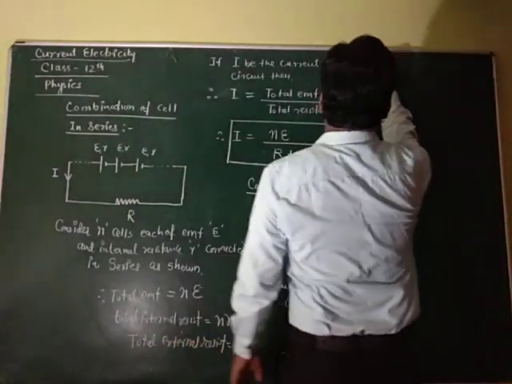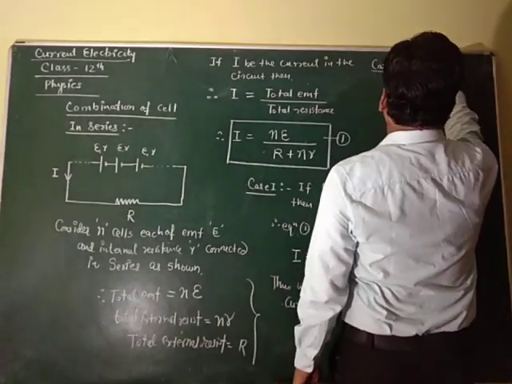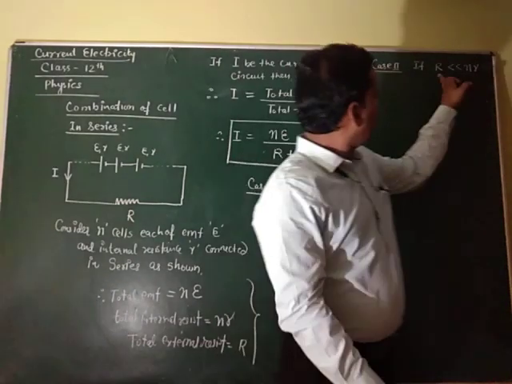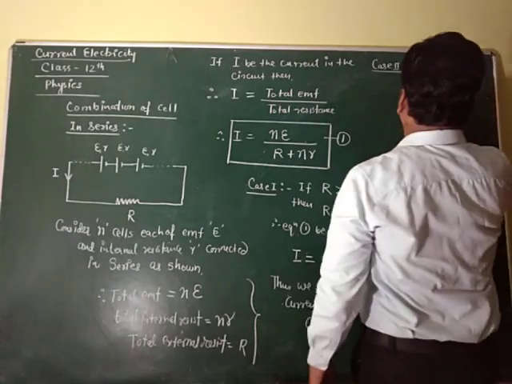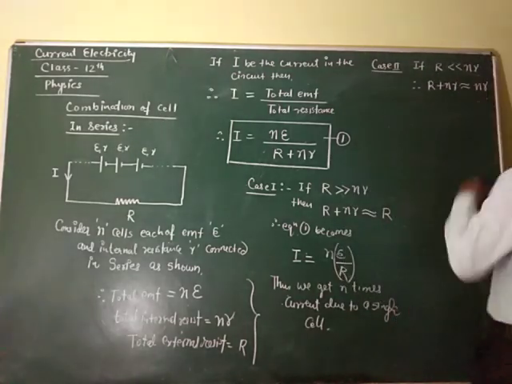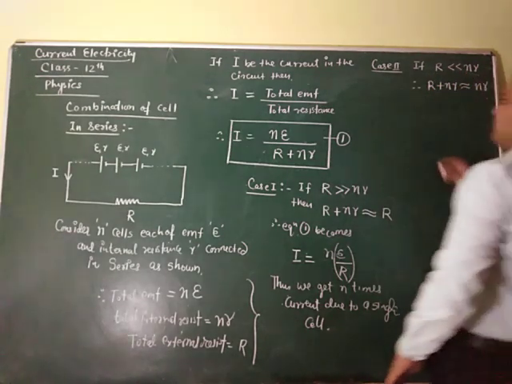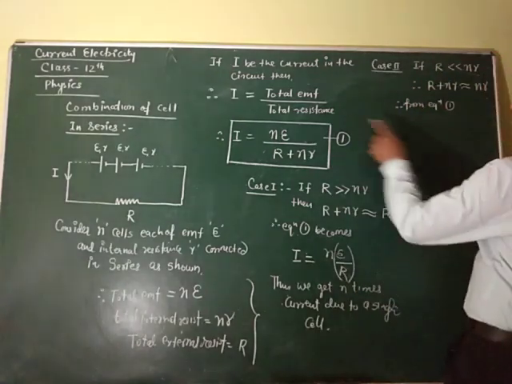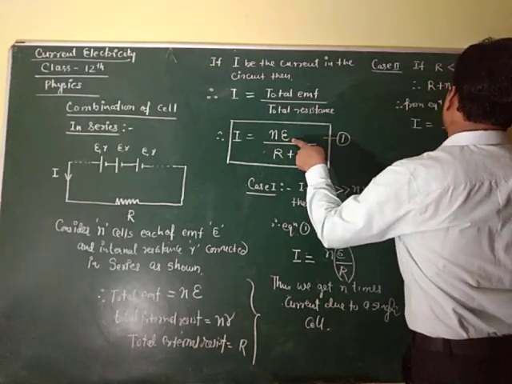Now case number 2: if R is much smaller than nr, then we can write R plus nr is nearly equal to n into r, neglecting this R because it has a very small value compared to nr. Therefore, from equation 1, I is equal to nE divided by nr.